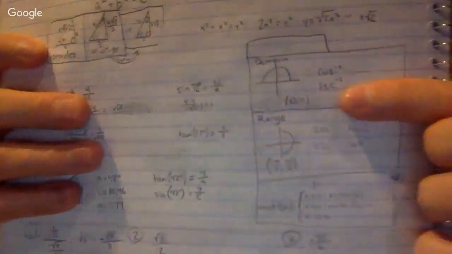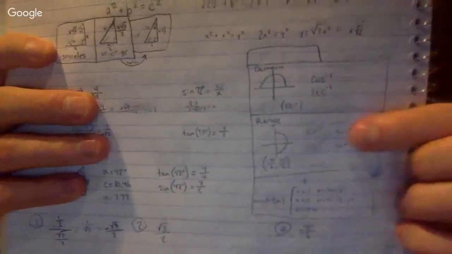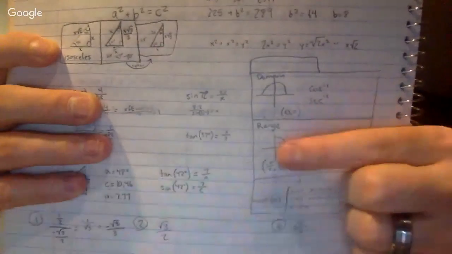No, I think it goes again to that. 5 pi over 3 is technically correct, but it's not within our parameters. Remember this one?